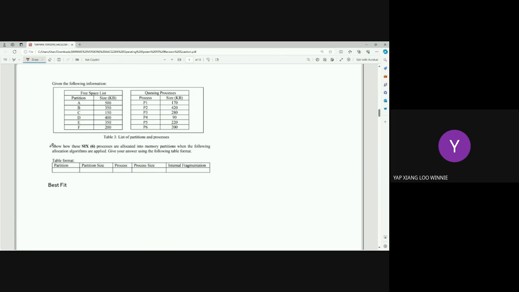Now, how do we try to reduce the internal fragmentation in best fit? Just now in first fit, you see, oh, this memory space can hold this size, I just put it in. In best fit, we scan through all the available partitions and see which partition will give us the lowest internal fragmentation. What does it mean?